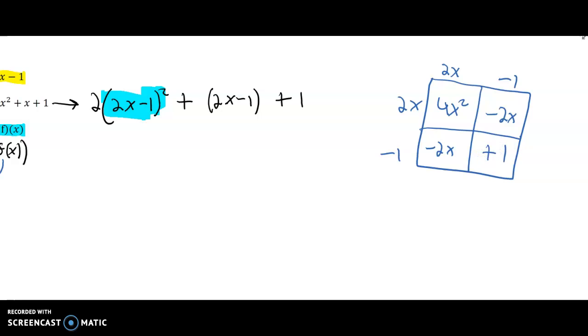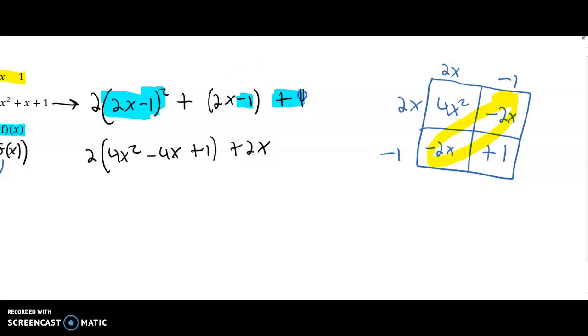The 2 on the outside stays right where it was. And now I've got 4x squared. These guys combine to make negative 4x plus 1. And I have plus 2x, and then negative 1 and positive 1 will cancel each other out.